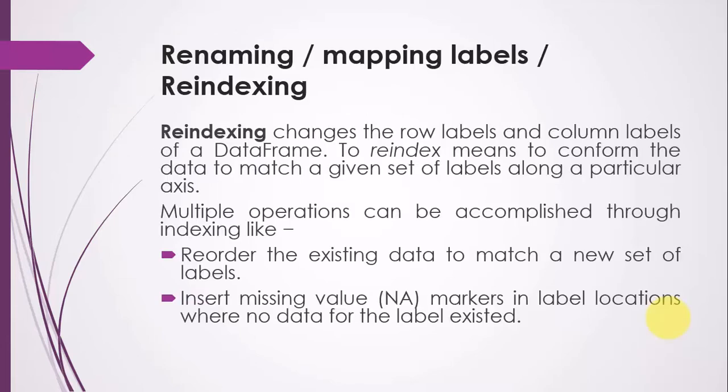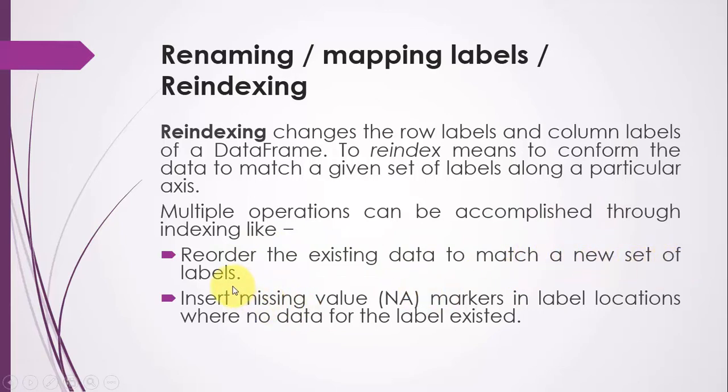What is renaming or reindexing or mapping labels? Reindexing changes the row labels and column labels of a data frame or series. To reindex means to conform the data to match a given set of labels along a particular axis. Multiple operations can be accomplished through indexing, like reordering the existing data to match a new set of labels.